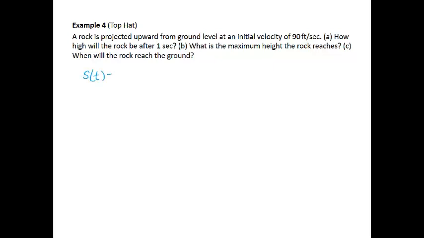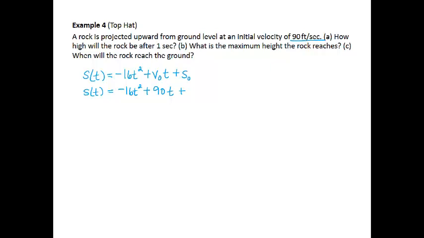And that's given by this projectile motion formula. So we have S of t is equal to negative 16t squared plus our initial velocity times t plus our initial height. The initial velocity will be told to you, and in this case it is 90 feet per second. So we are going to have negative 16t squared plus 90t plus our initial height.